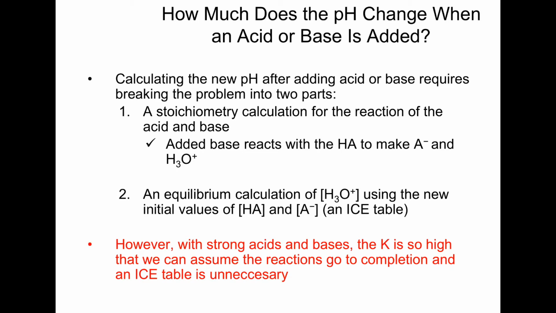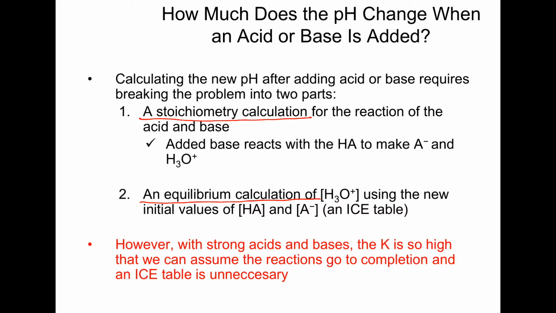Now, a little detail here. Technically, when we're trying to calculate the pH after we've added some acid or base, that problem really involves 2 steps. First, we would do a little stoichiometry calculation to figure out how much of the acid and base have reacted with each other. And then we would use the amounts that we had found that were left over and do an equilibrium calculation, so an ICE table, to figure out what the equilibrium concentrations were.